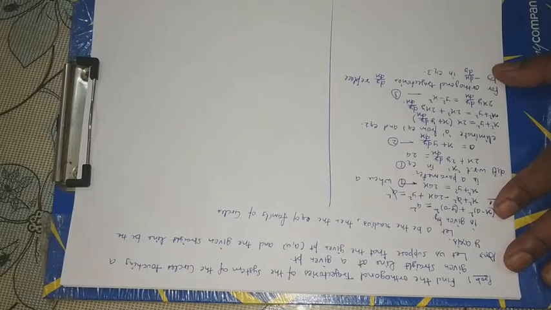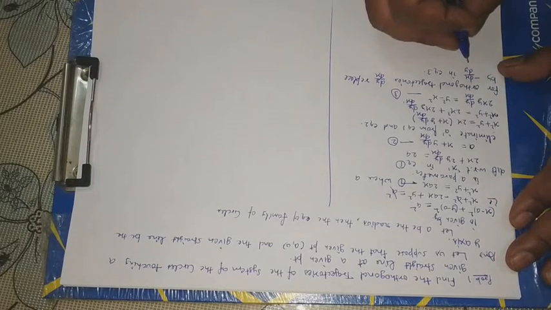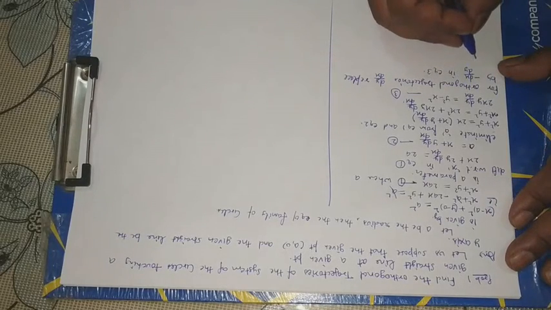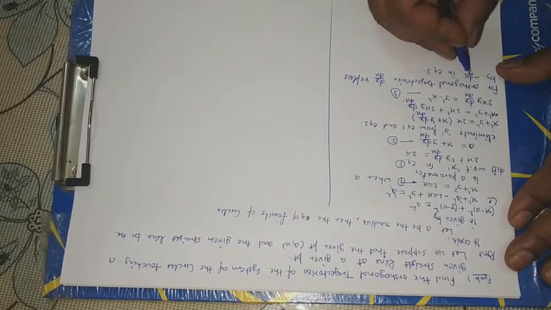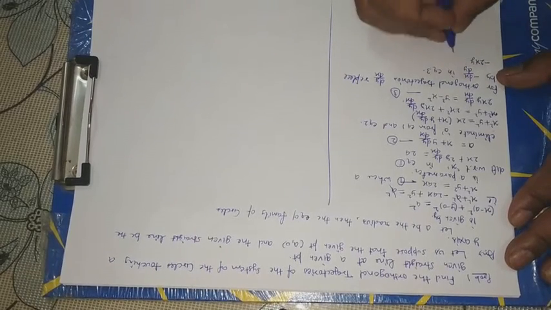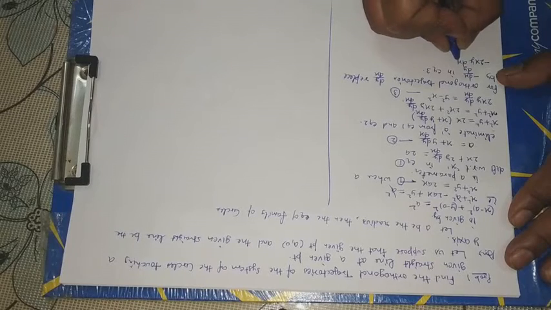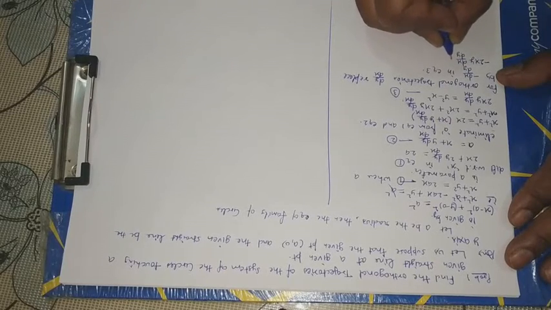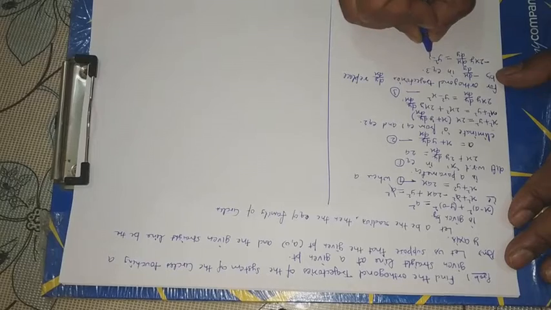Now putting dy/dx as minus dx/dy, that is minus 2xy dx/dy equal to y square minus x square.